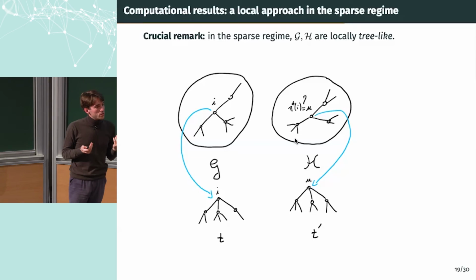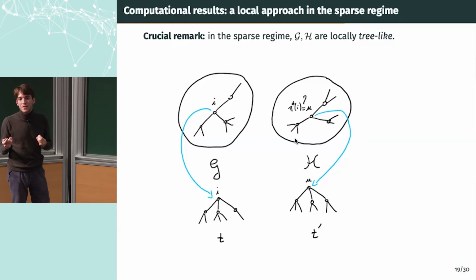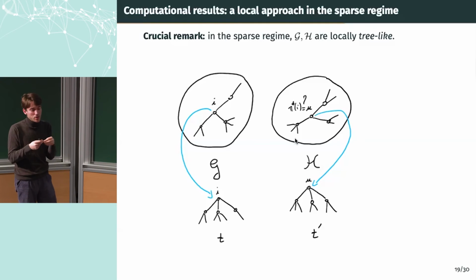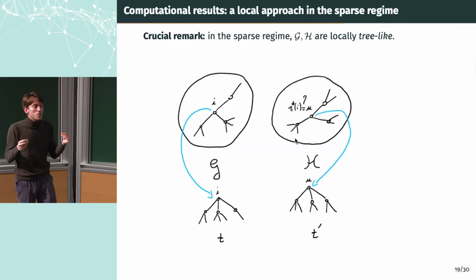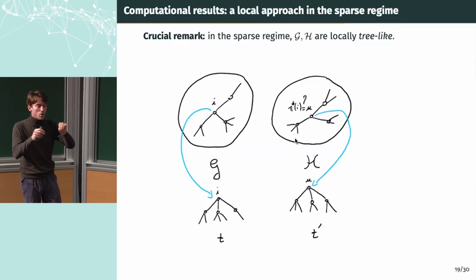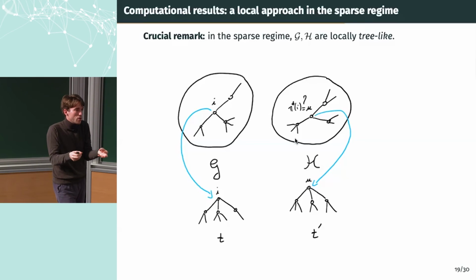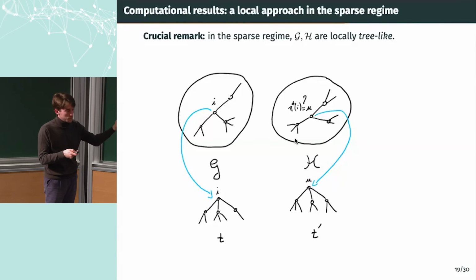If these trees are close enough, I will say I can match i and u, because I think they are matched by pi star, as their neighborhoods are close enough. Because if you remember the model, whenever you're aligned, your neighborhood will contain some significant intersection. This is the spirit of this procedure.